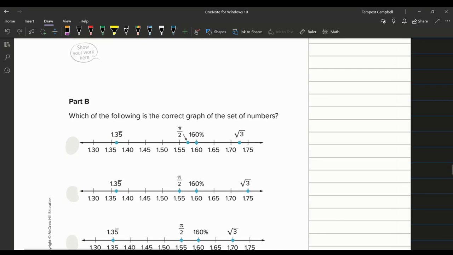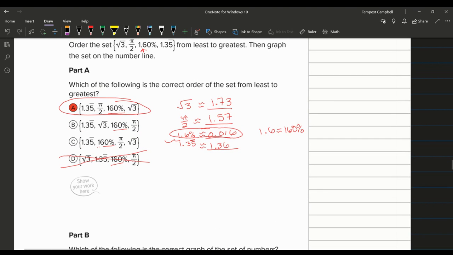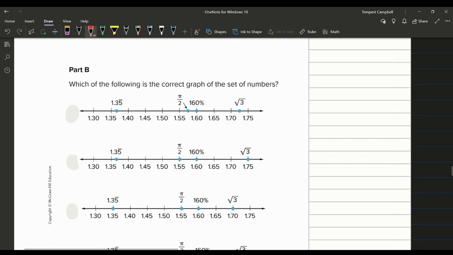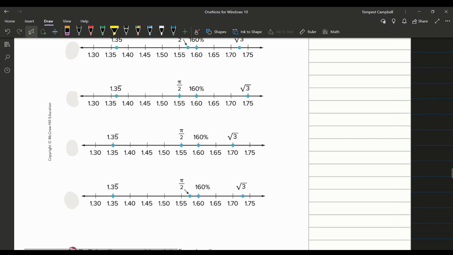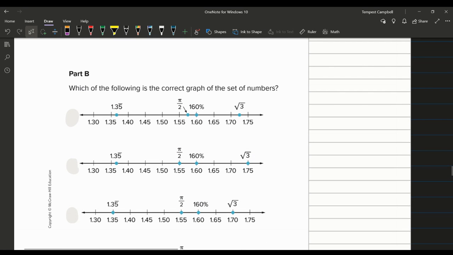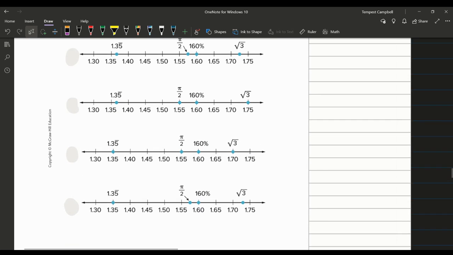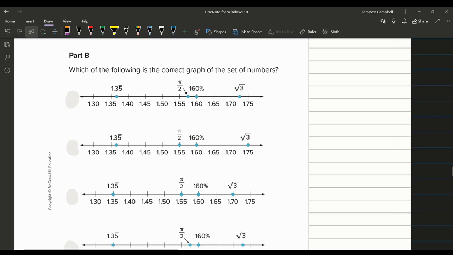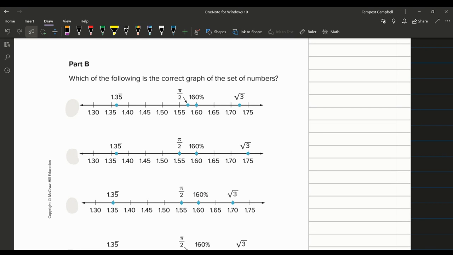So when we plot this, that tells us we're going to have 1.35, then pi over 2, then 160%, then square root 3. So it looks like they put them in the correct order. So now let's see. 1.35 repeating is just a little bit more than 1.35.